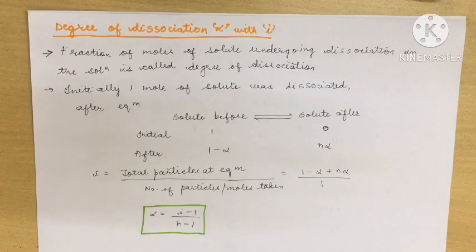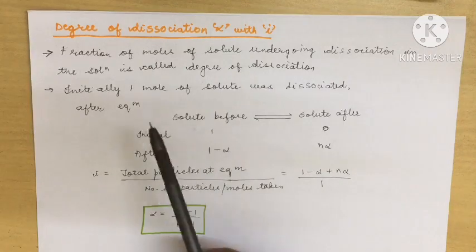Now this degree of dissociation or degree of association can be asked in the exams to calculate. Now how to calculate it with the help of i? That is our main question. So the degree of association as well as degree of dissociation is denoted by alpha. This thing you have already studied in equilibrium in your previous class. Now, what is the meaning of degree of dissociation?